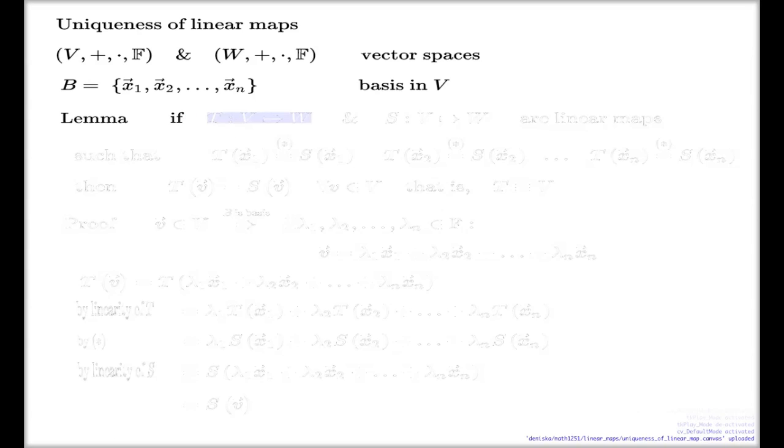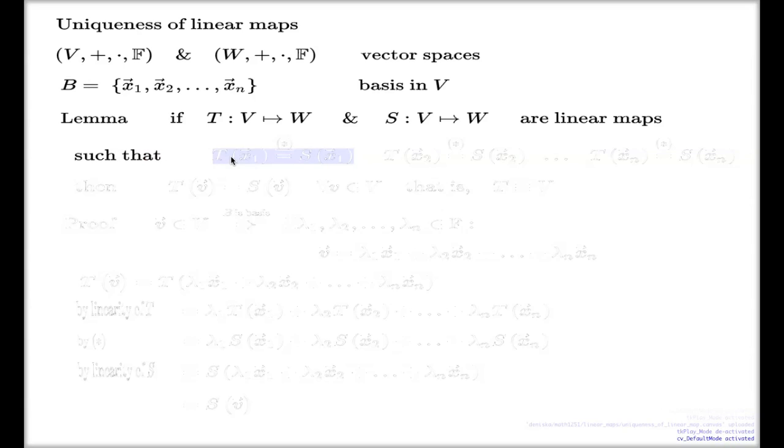It says this: if I have two linear maps with the same domain and the same codomain, one of them I will call T, the other one I will call S, and you see the domain is finite dimensional, we have a basis. And we know that these two linear maps are such that their values coincide on the basis vectors. So T of x1 equal to S of x1, T of x2 equal S of x2, and that is true for any element of the basis, T of xn equal S of xn.